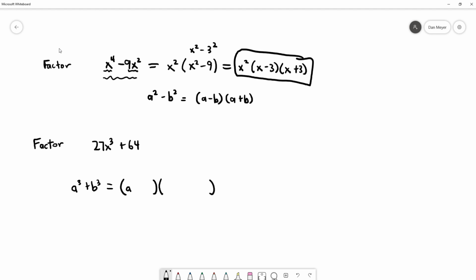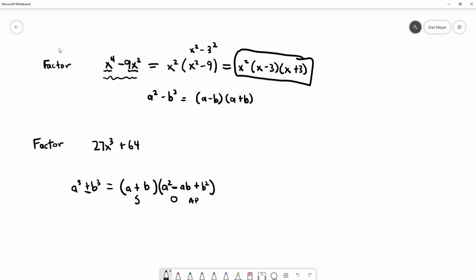Whether it's a sum or difference of cubes, I have a binomial with an a term and a b term, and then a trinomial with an a squared term, an ab term, and a b squared term. The first plus or minus is the same as what you started with. The second one is the opposite, and the third one is always positive, always plus.